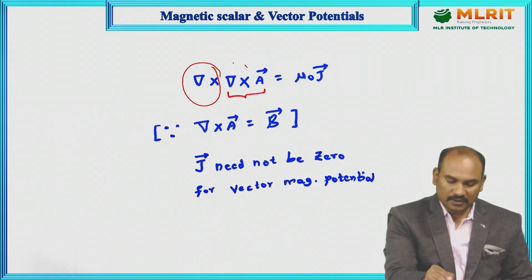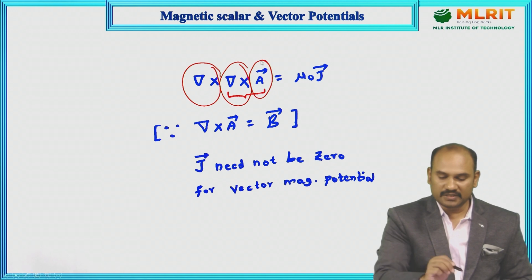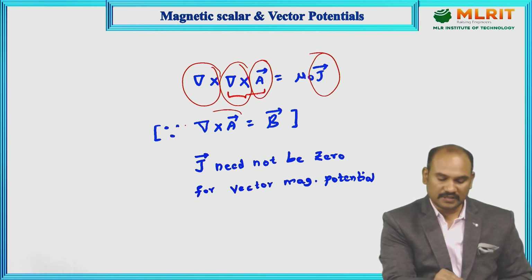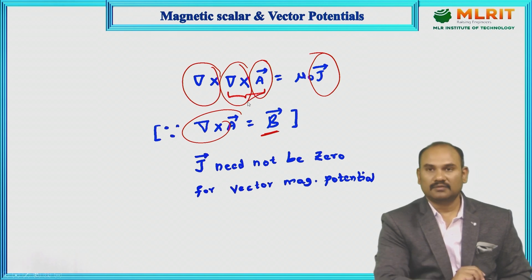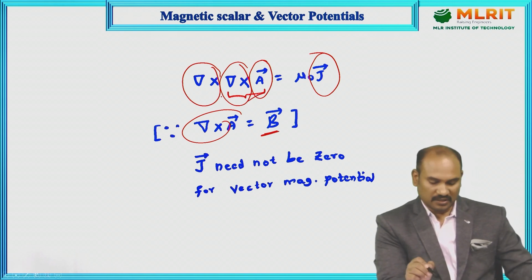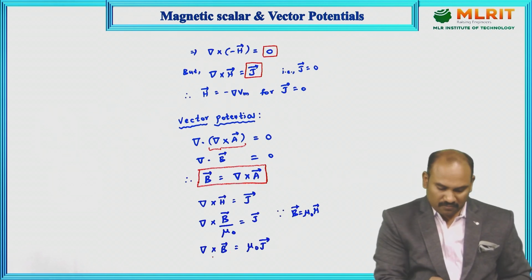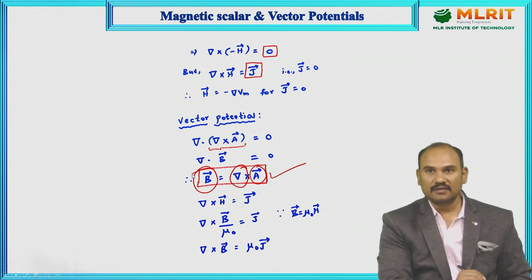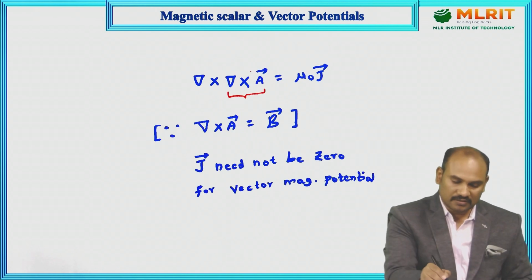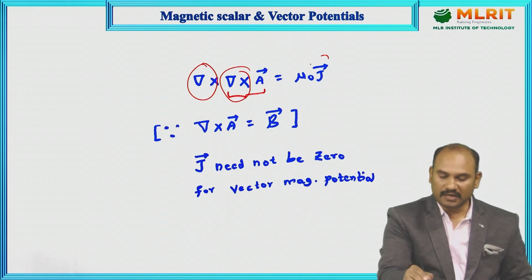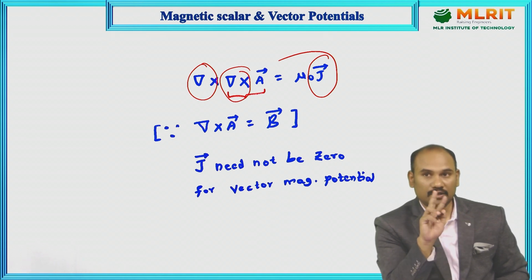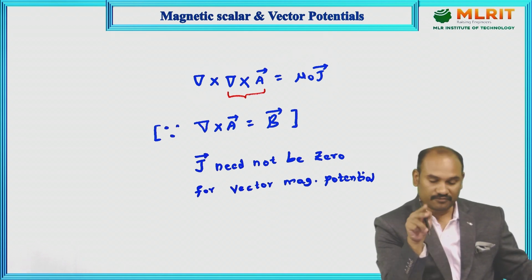Curl of magnetic potential will give you B bar. The double curl operation, that means if you perform the curl operation on magnetic potential once, you get magnetic flux density. If you perform curl and curl twice, then you get electric current density. So you get densities in both cases. Be very careful understanding this.